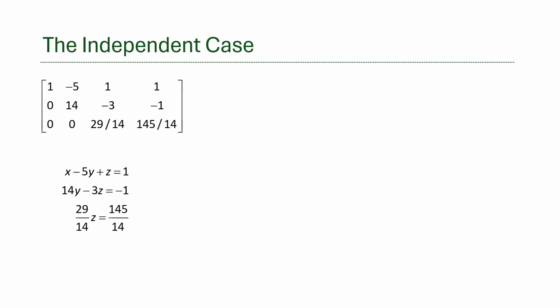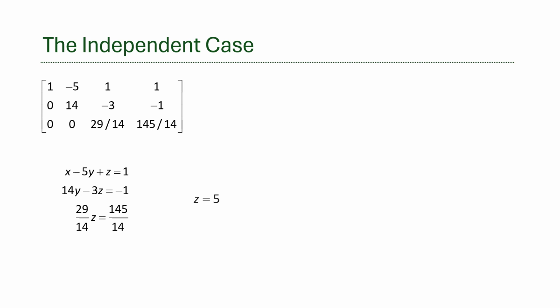So notice that third row only has one variable. This is why this is called backward substitution. I'm actually going to start with the last variable, or the last row of the matrix, and work my way backwards up to the top, where we'll get, at the end of the process, the value of the first variable.